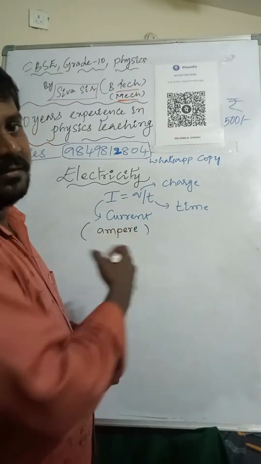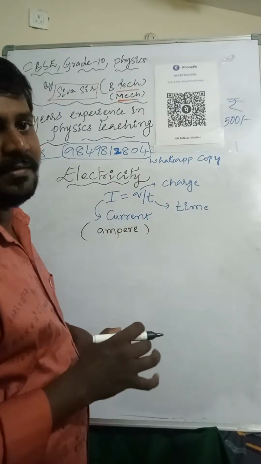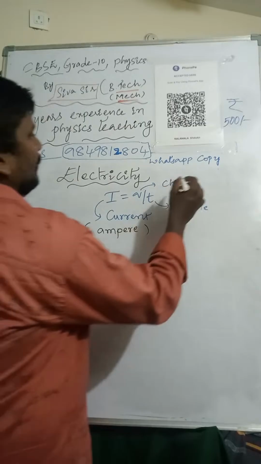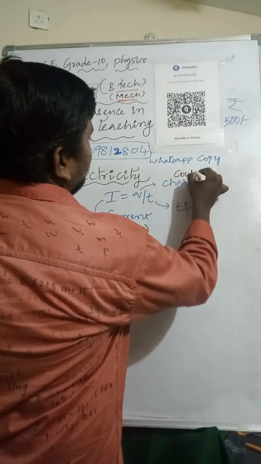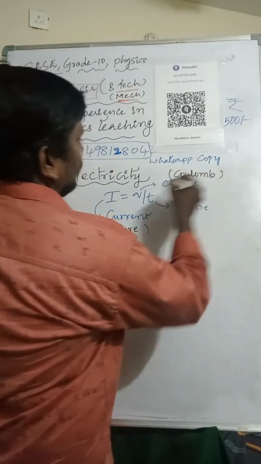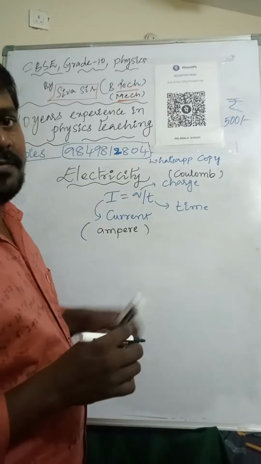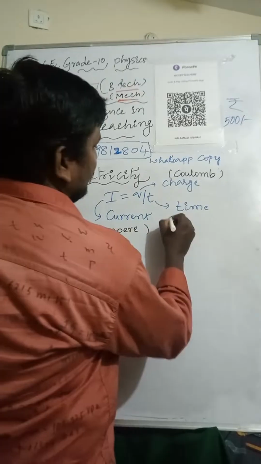The SI unit of charge is coulomb. The SI unit of time is second.